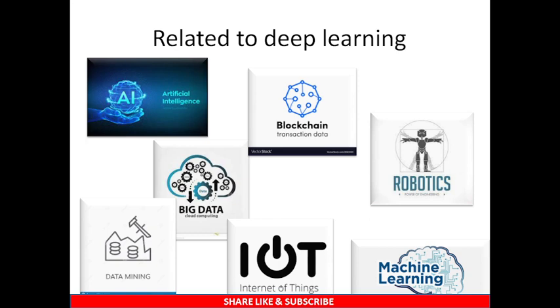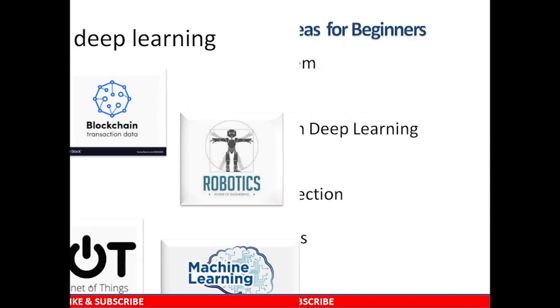In the Internet of Things, the sensors are very important, and predictions are happening simultaneously. In data mining itself, knowledge extraction is happening. For that we need predictions, we need effective models. So it is possible with deep learning.